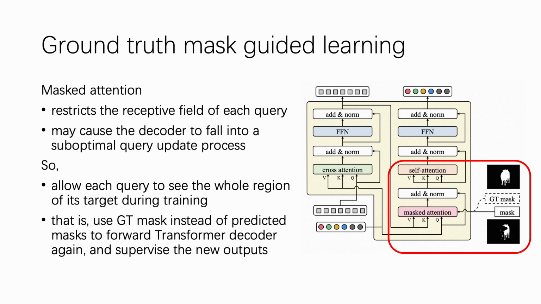To mitigate this issue, we use GT mask instead of predicted masks to forward transformer decoder again. The new output is supervised according to a fixed matching, consistent with the last layer's bipartite matching results. By such guided learning, we allow each query to see the whole region of its target predicted object during training, which helps the masked attention attend within a more appropriate foreground region.